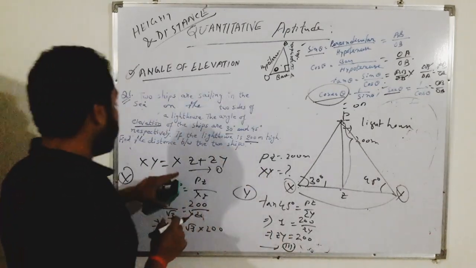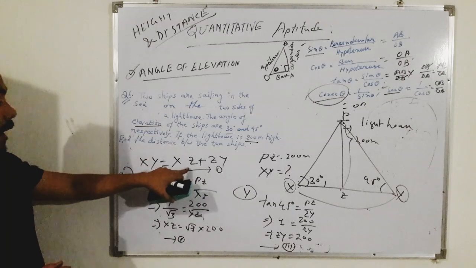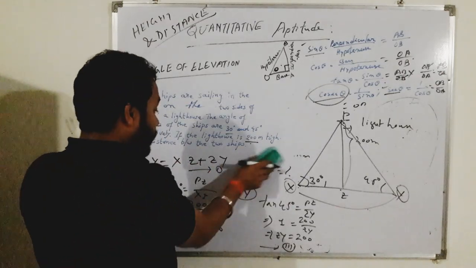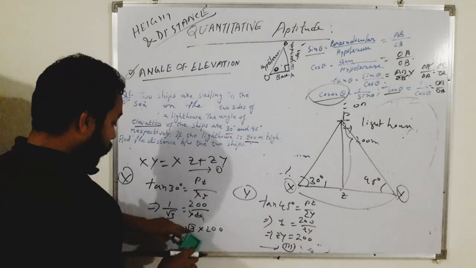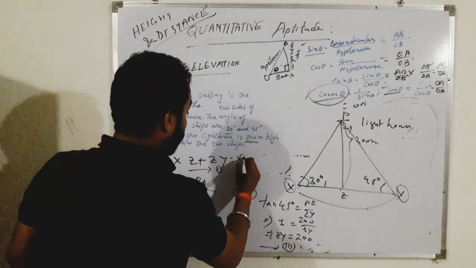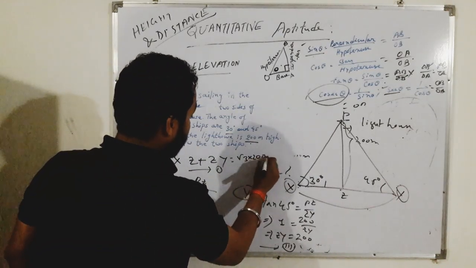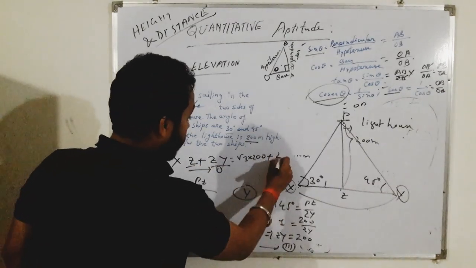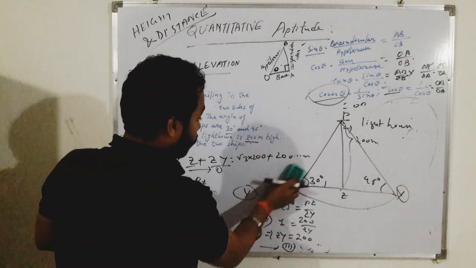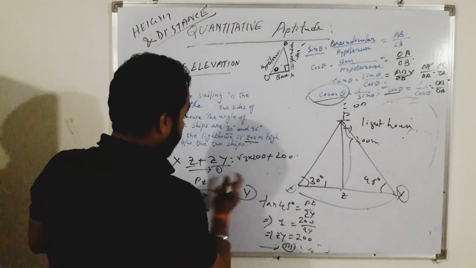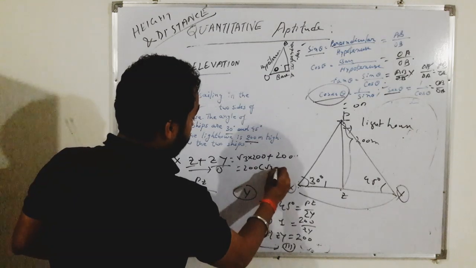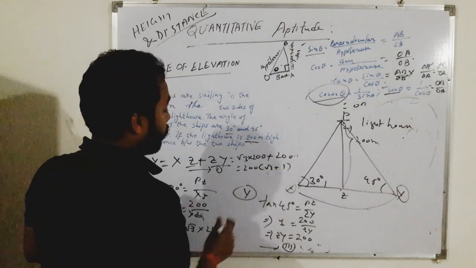See, we have equation 1 where XY is XZ plus ZY. XZ we just found out as root 3 into 200, and ZY we just found out as 200. So take 200 common: root 3 plus 1. Isn't it?